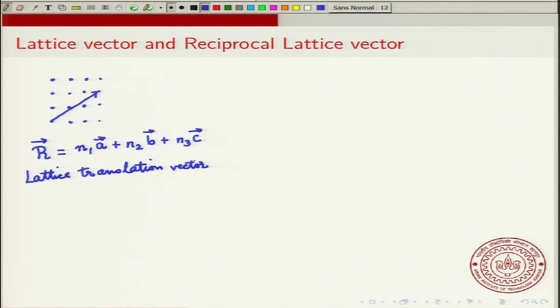Now, we define something called a reciprocal lattice. For now, let me consider an orthorhombic system.